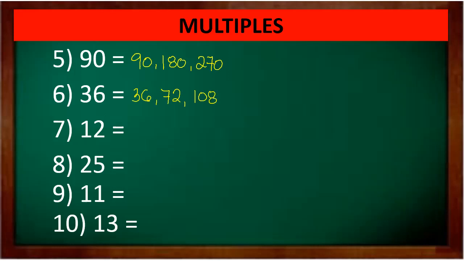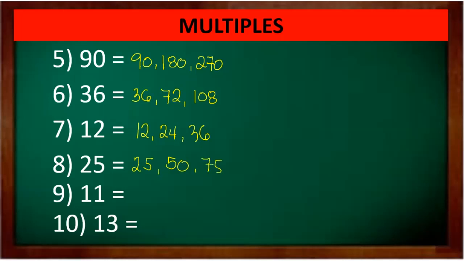Next is multiples of 12. 12 times 1 is 12. 12 times 2 is 24. 12 times 3 is 36. The multiples of 25. 25 times 1 is 25. 25 times 2 is 50. And 25 times 3 is 75.